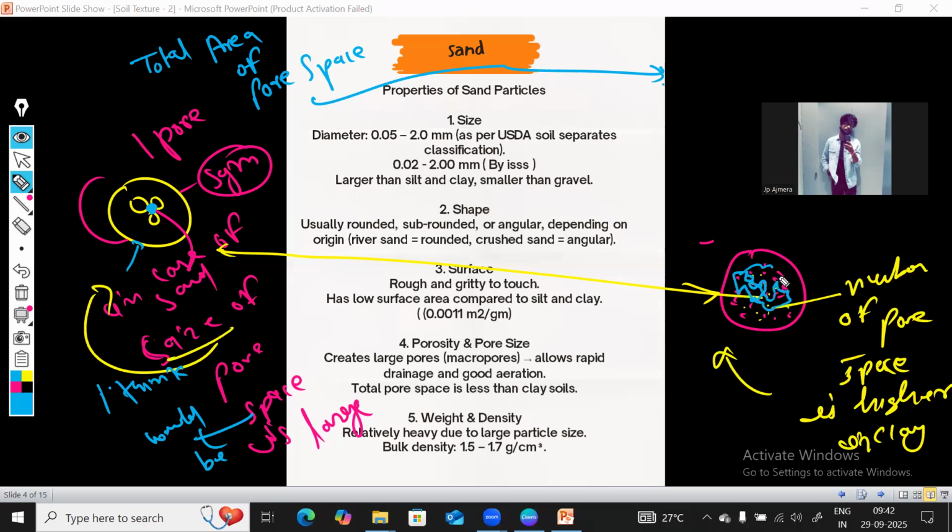When we calculate the whole pore space, the total is maximum in clay because the number of pore spaces is maximum in clay, right?